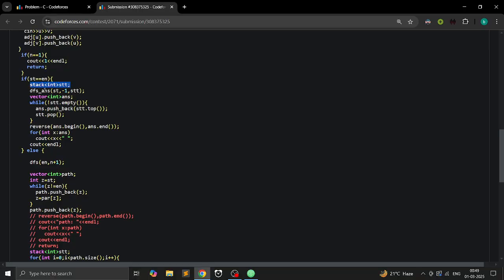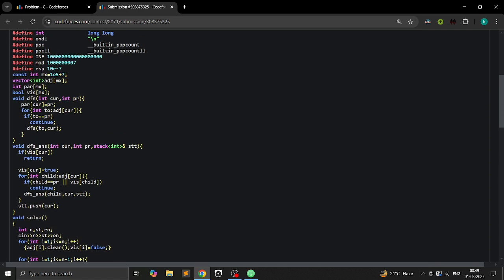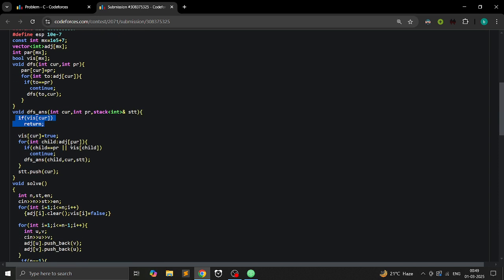So I pass in this DFS, answer, visited array. Okay, I will explain the visited array in a minute. So this is a simple DFS: for each child in the adjacency of current, if child is equal to parent, we don't continue. Otherwise, we call DFS on child. At the end, we will push that current node in our stack.